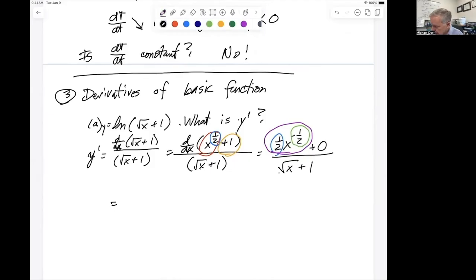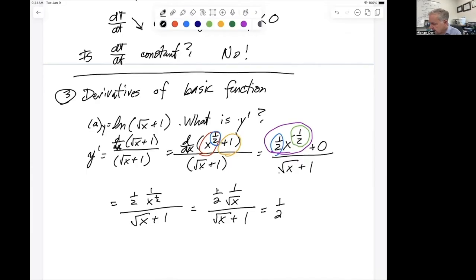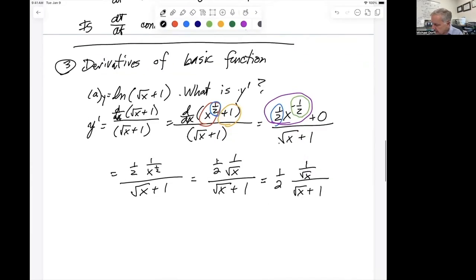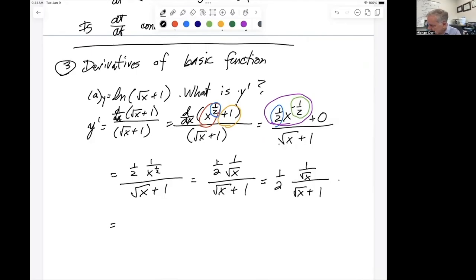is going to equal 1/2 times 1 over x to the positive 1/2, all over the square root of x plus 1. And that's the same thing as 1/2 times 1 over square root of x, all over square root of x plus 1. Okay. And maybe you want to simplify that. That could also be written in some of the following forms. I could put the 1/2 out front and get this. Another thing I could do if I wanted to, I could multiply top and bottom by the square root of x.